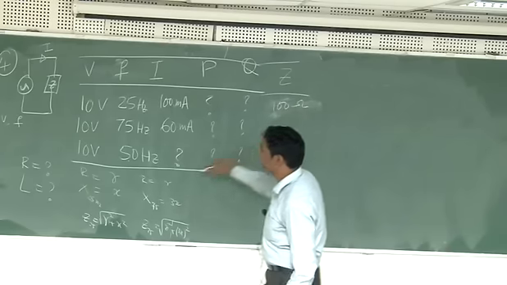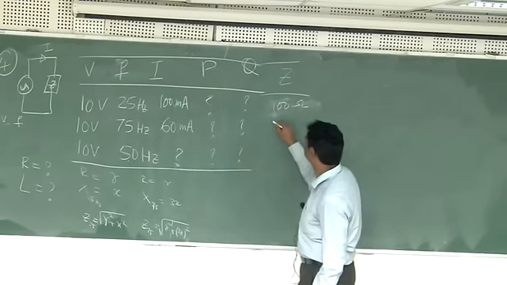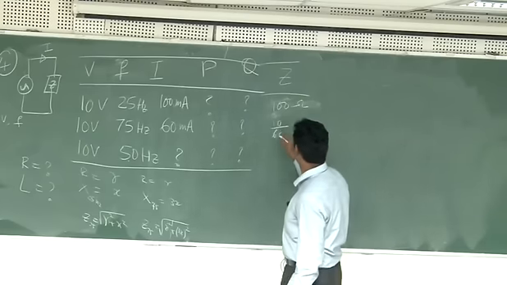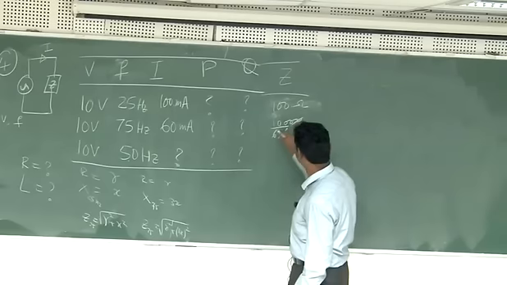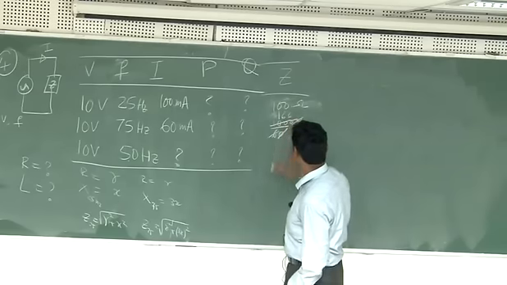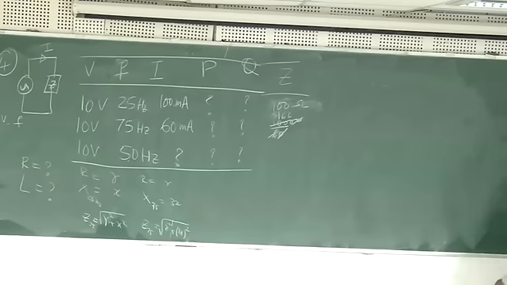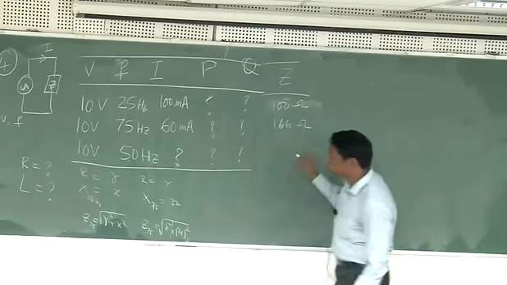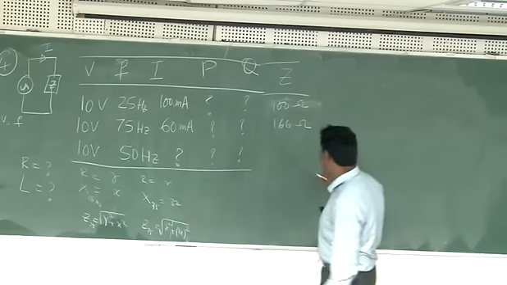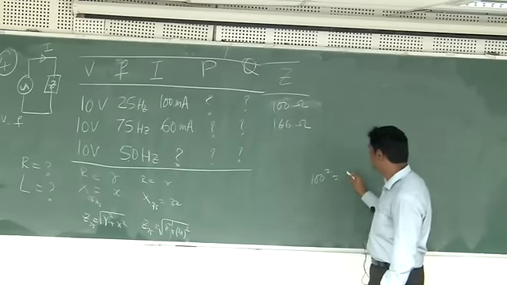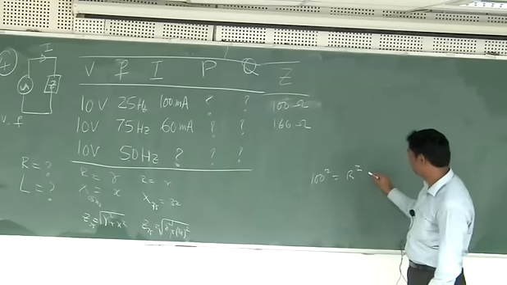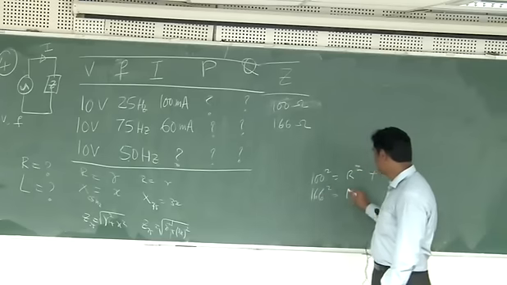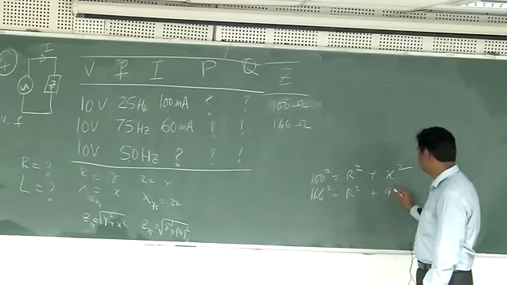In this case, 10 by 60, how much? 166.6. So now what I can do is square of that. So 100 square equals R square plus X square, and 166 square equals R square plus 9X square.